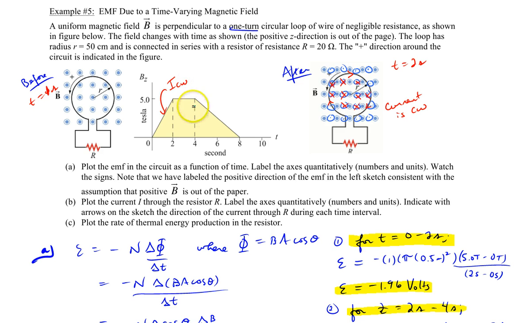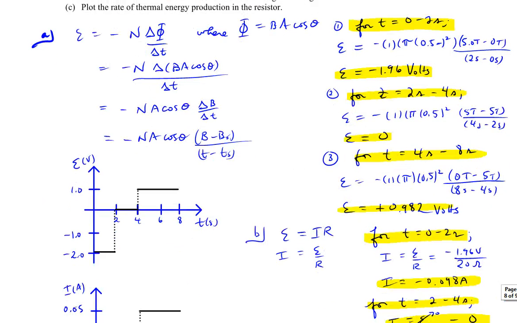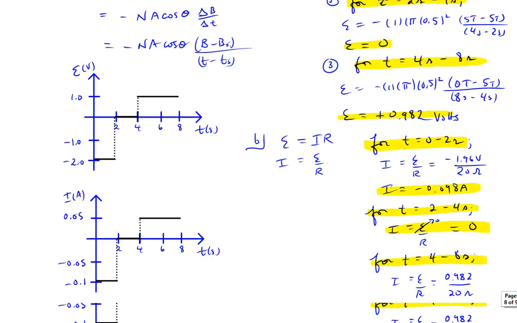And then when you go from 4 to 8, you're doing the reverse, because your flux is decreasing, so it reestablishes those field lines in the original direction of the field. And so therefore this current here will be counterclockwise. So we go down to our graph here. The beginning current at the bottom, the negative current that we're finding from 0 to 2 seconds, that current is clockwise.